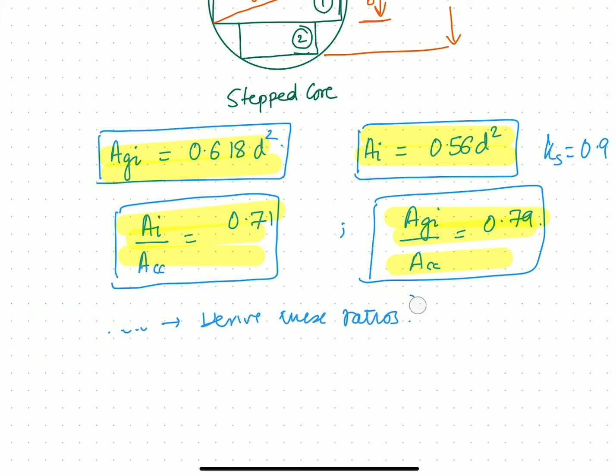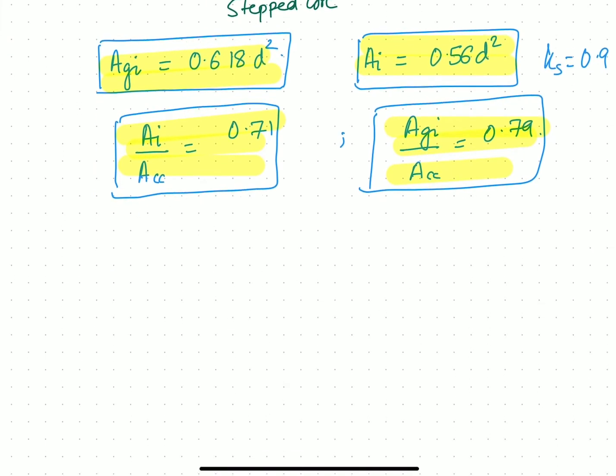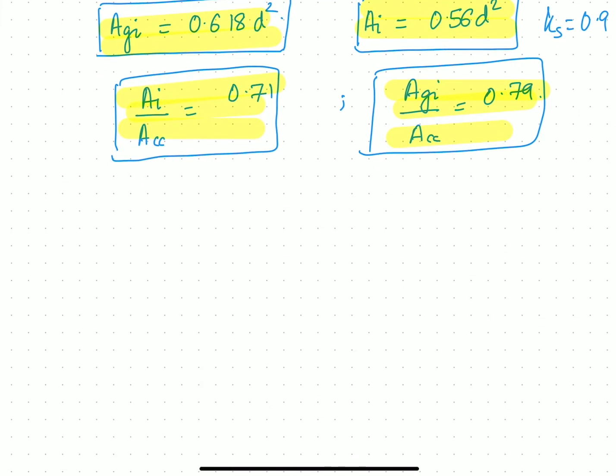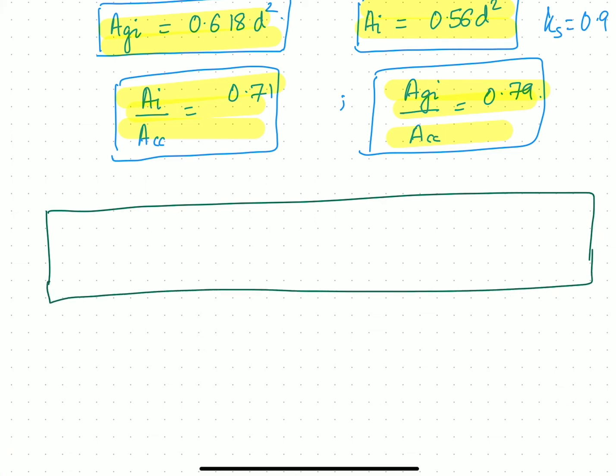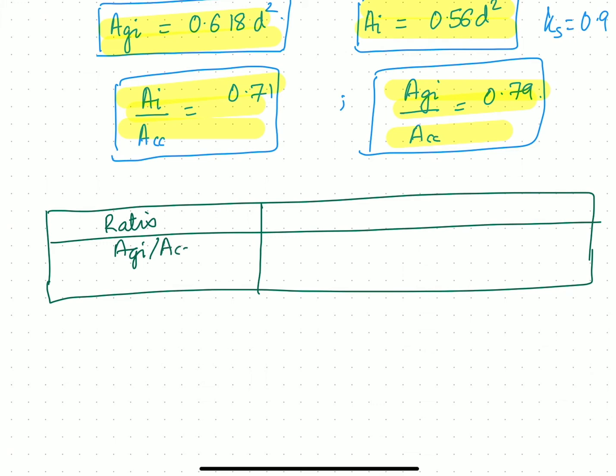So this is about the design of the core, and just for your information I will give you some extra bit of information here. If you have the ratios AGI over ACC and AI over ACC, this is a square core.